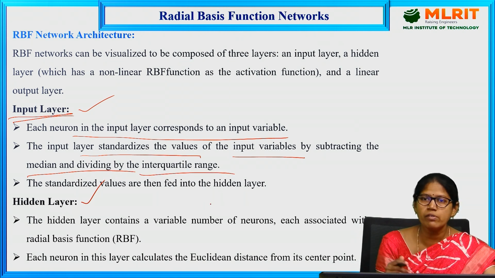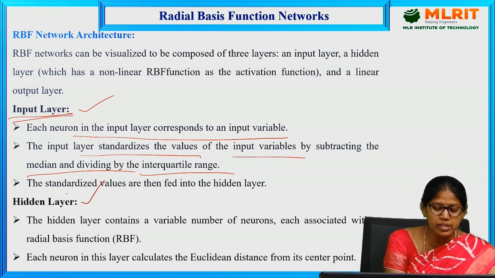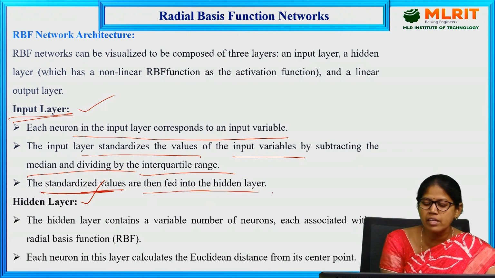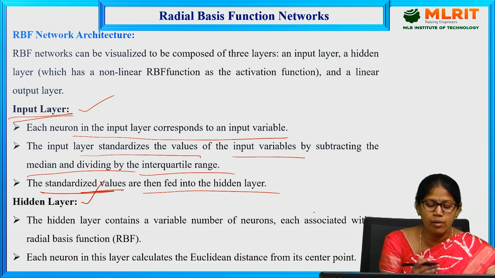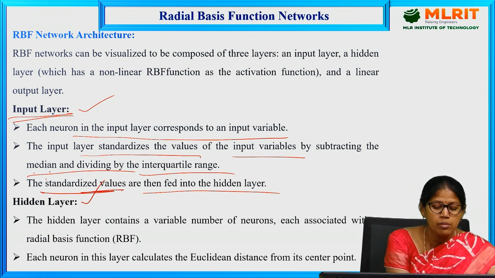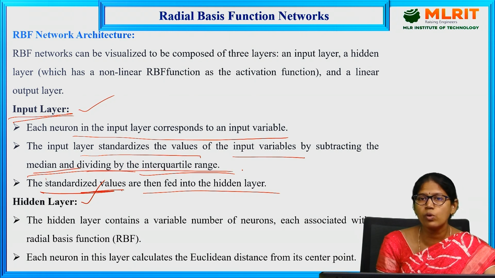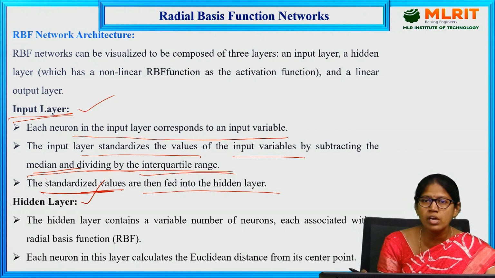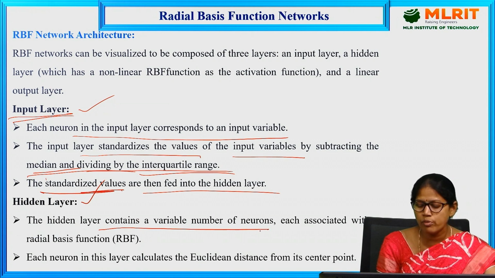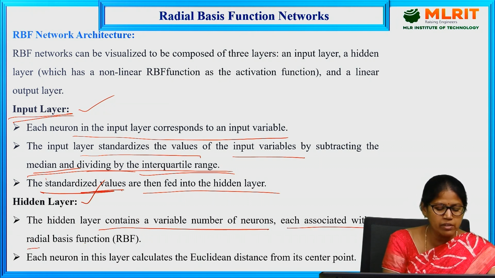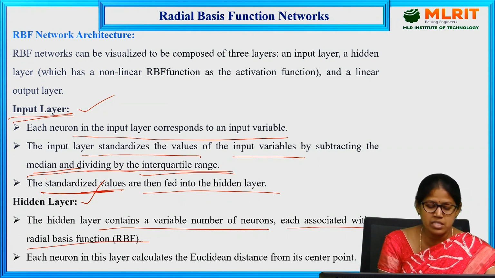After that, the standardized values are fed into the hidden layer. The hidden layer contains a variable number of neurons, each associated with a radial basis function.